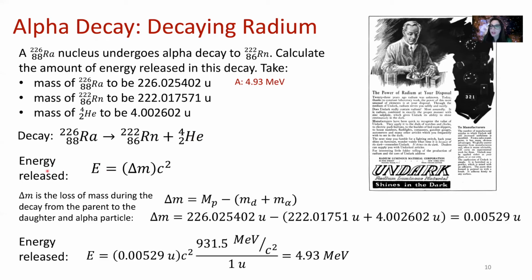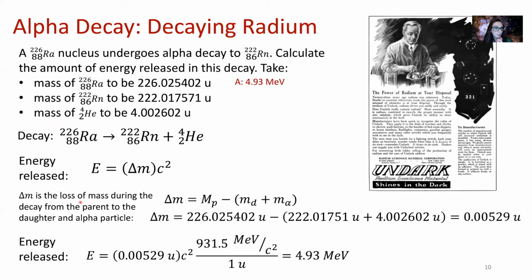So the energy released in this process is going to equal the difference in mass of the left-hand side of our equation minus the right-hand side of this equation, times c squared. That's our delta M here. It's the difference in mass between our parent particle and our daughter particle plus the alpha particle.